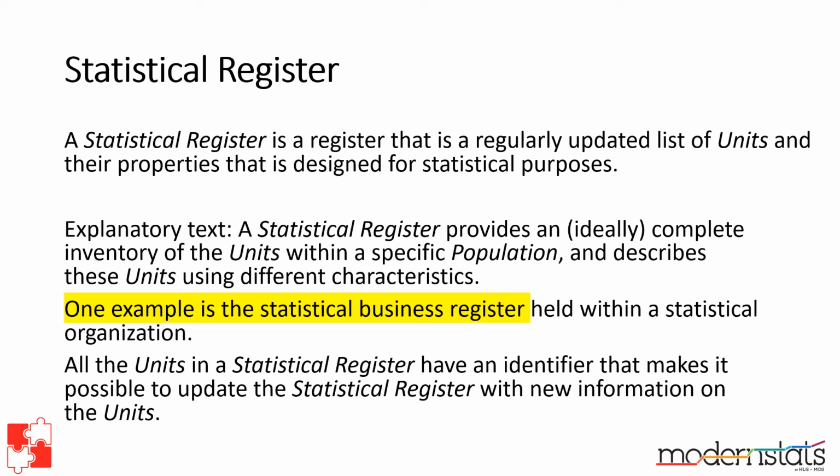One example is the Statistical Business Register, held within a statistical organization. And all the units in the statistical register have an identifier, making it possible to update the statistical register whenever something has changed regarding the units.